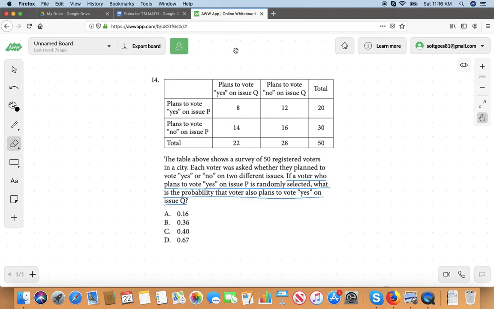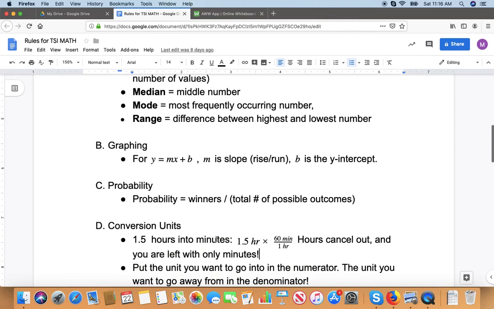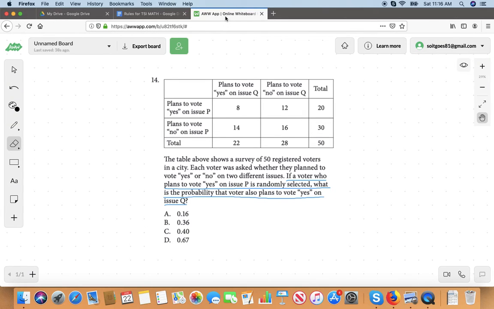Okay, and lucky for you, I've got this in my rules for TSI Math. Probability here, this is the definition, sort of formula, for probability. Probability equals winners, or the winning outcome you're looking for, divided by the total number of possible outcomes. I'm going to express that a different way on the whiteboard to make it really, really clear.